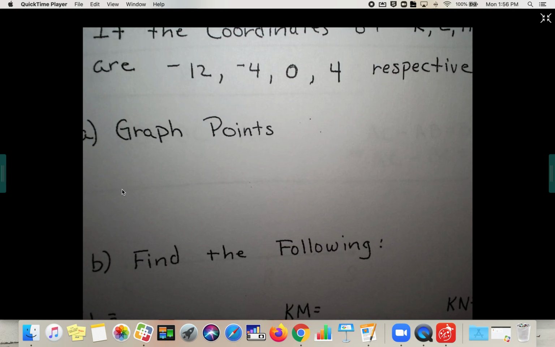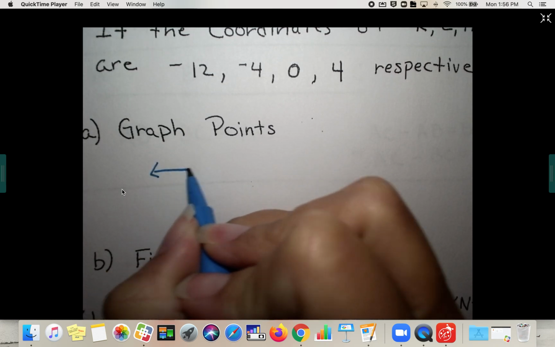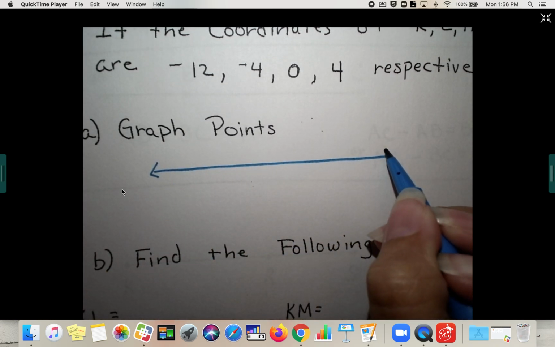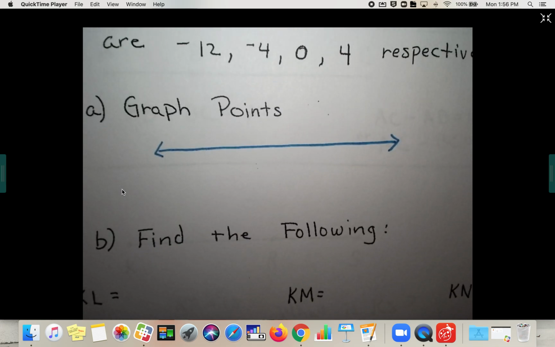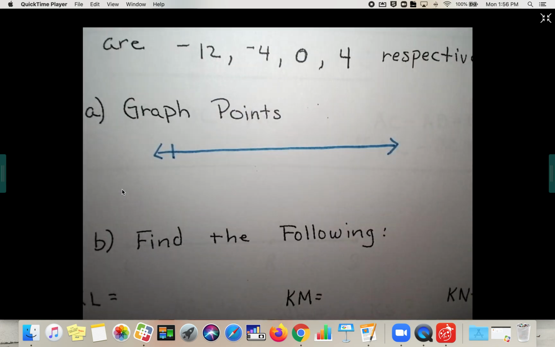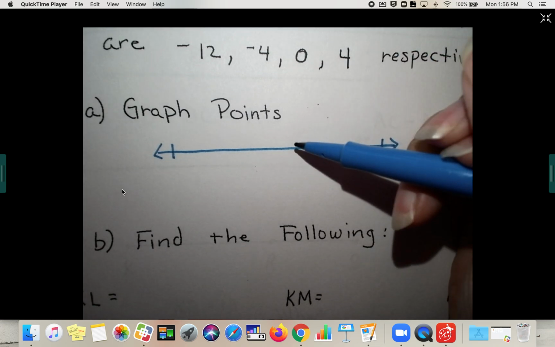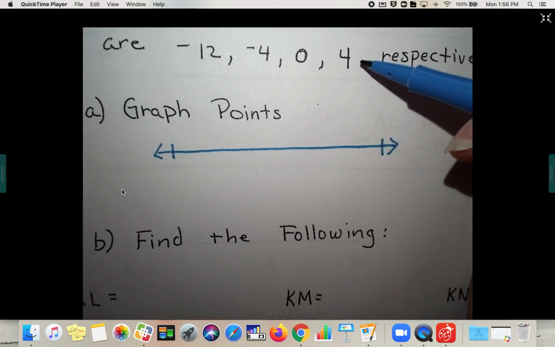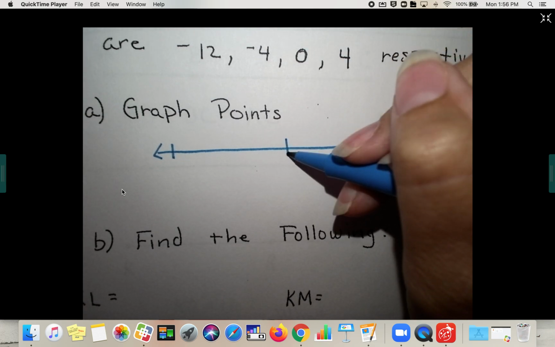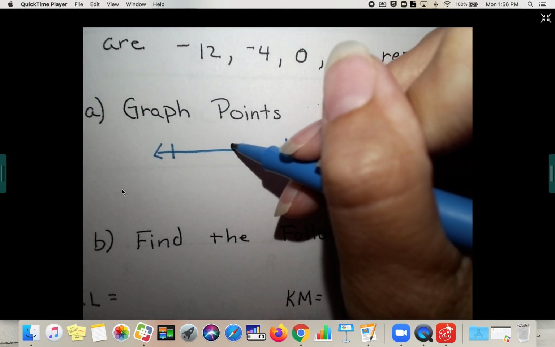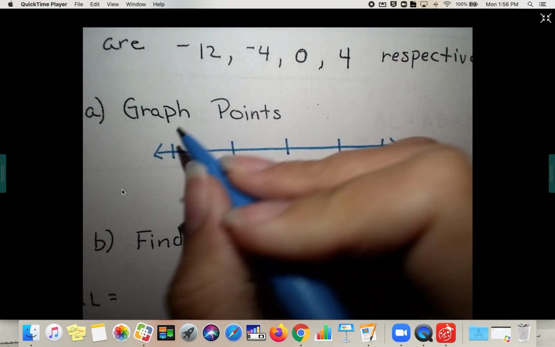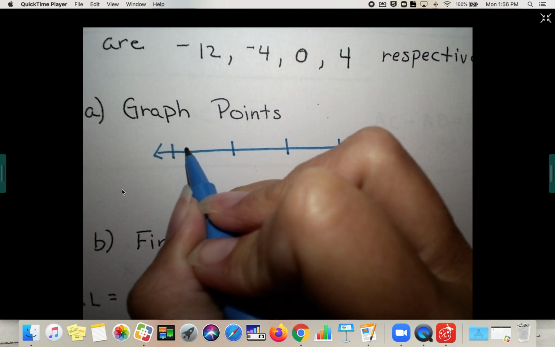I think that if you see them on a number line, they're a little bit easier to find distances of. So we need to go all the way from -12 to +4. So the distance between those would be 16, so 8, 4. I'm just kind of talking out loud right now, to try to see how many I need in between.